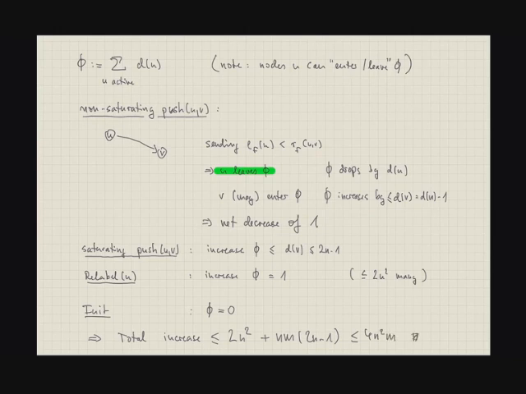And that is actually what I wanted to prove, because now the total increase of this function phi caused by these two operations is at most 4n squared times m. And hence, since each non-saturating push lets the function decrease by at least 1, we can have no more than that many non-saturating pushes simply because the function by definition always stays non-negative and it starts out at 0.